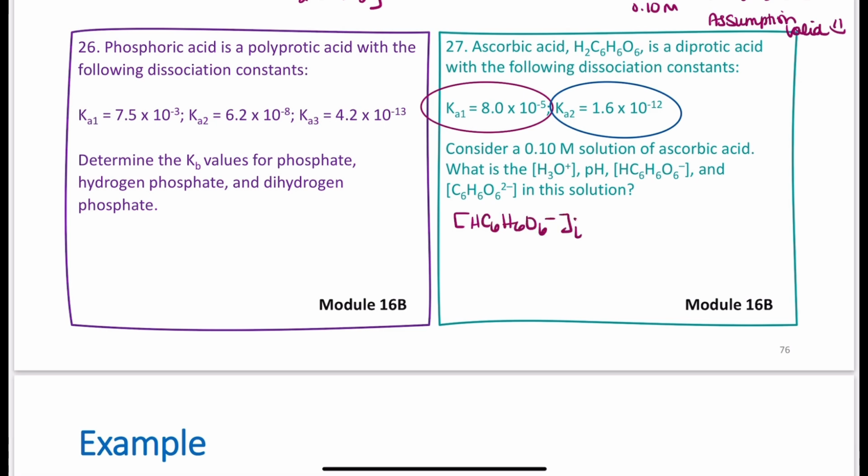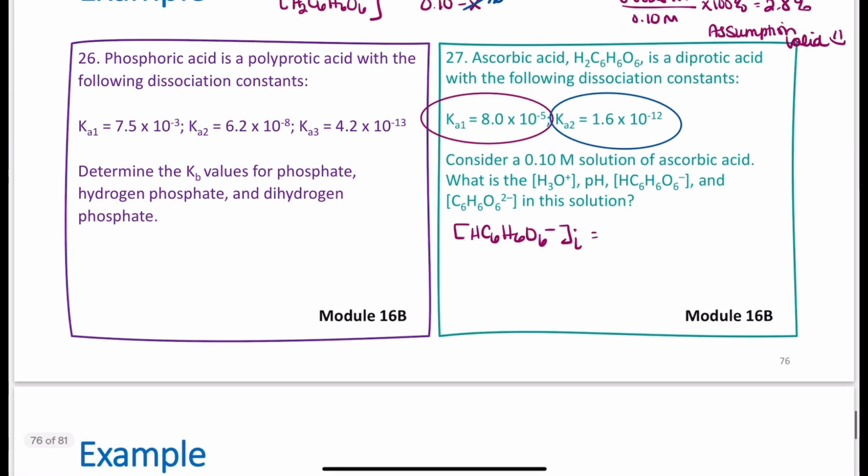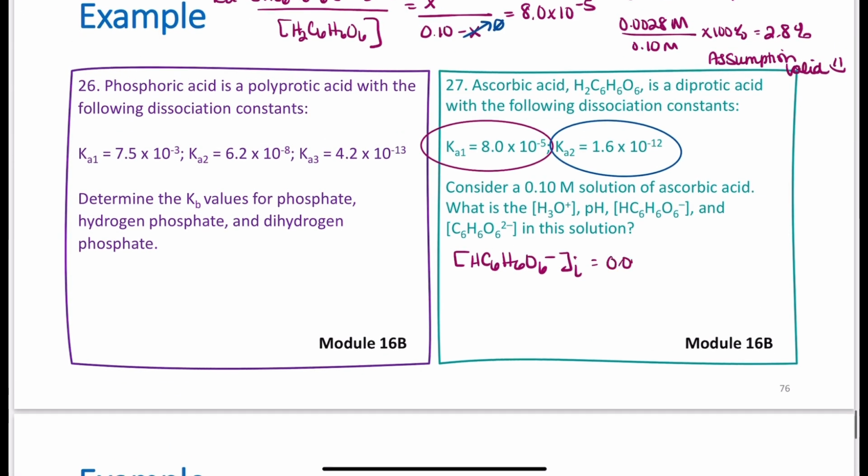The initial after the first dissociation is equal to 0.0028 molar. I'm just writing these down because I have to erase everything above because I'm not going to have room. And I'm starting off with an initial hydronium concentration here as well of 0.0028 molar.